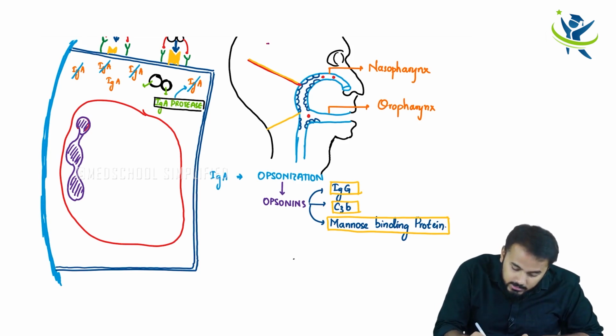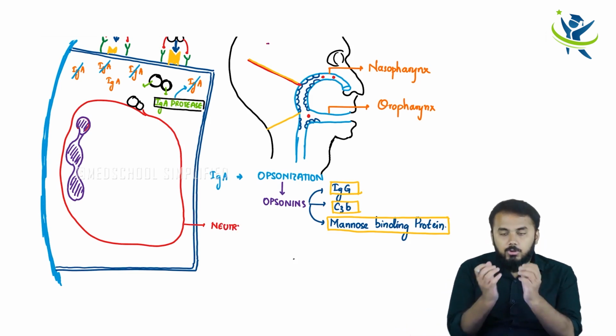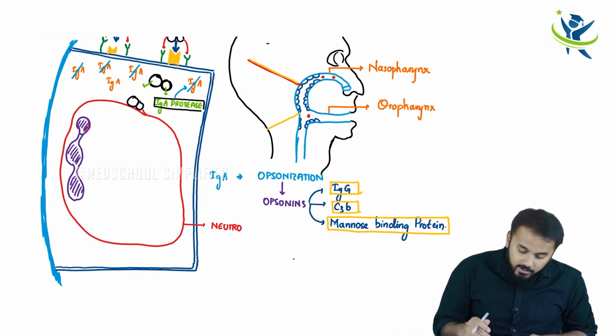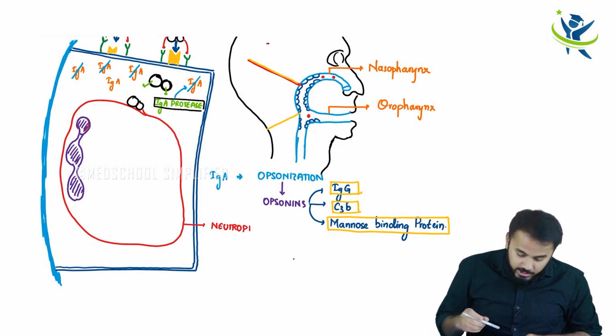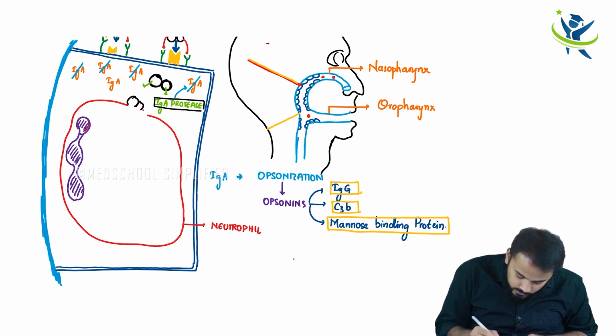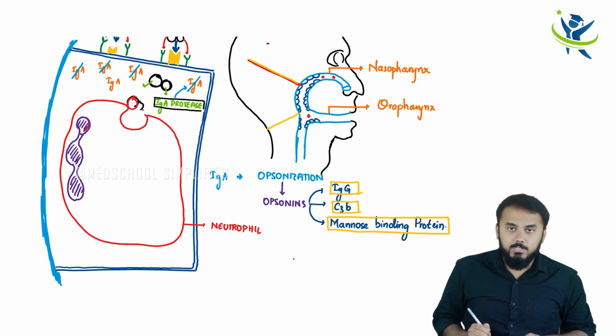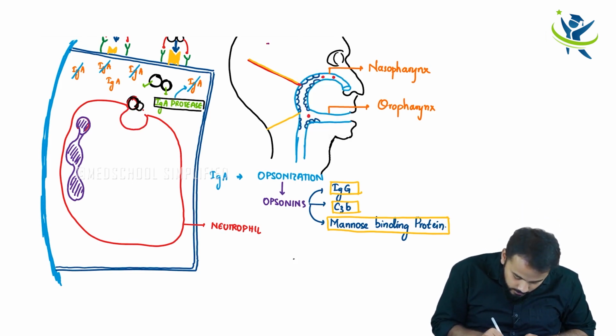Okay, let me write that this is a neutrophil. Now this neutrophil will engulf that. When it engulfs that, how will the picture look? It is going to engulf in this way, and finally we have a phagosome like this.